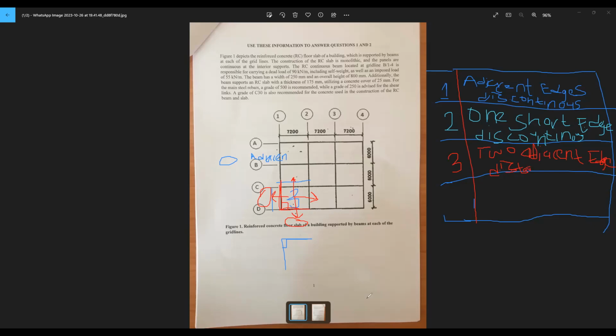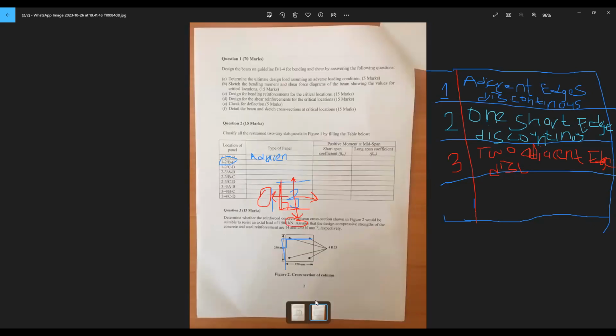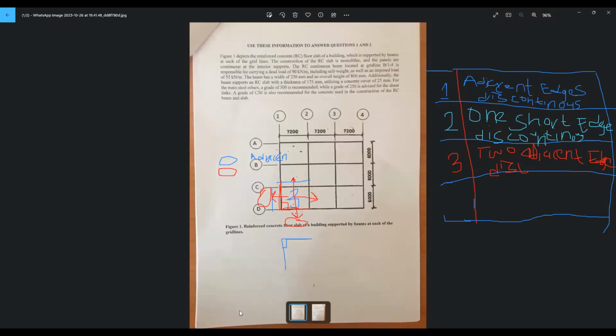So 2, 3 AB, let's check it from the table. 2, 3 AB, yes. We are checking 2, 3 AB. And that is here, 2, 3 AB. That's our panel 4. So let's go on to our 2, 3 AB.